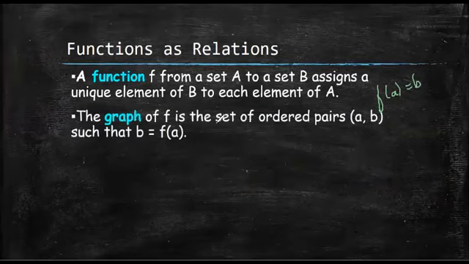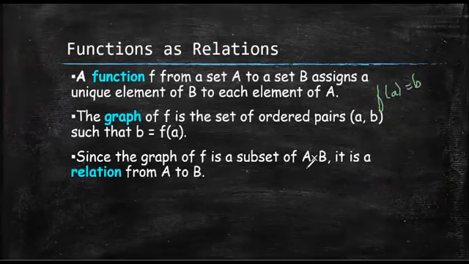The graph of f is the set of ordered pairs (a, b) such that f(a) = b. This is also a subset of the Cartesian product A × B, so it is also considered a relation from A to B. And for each element of set A, there is exactly one ordered pair in the graph that has a as its first element.